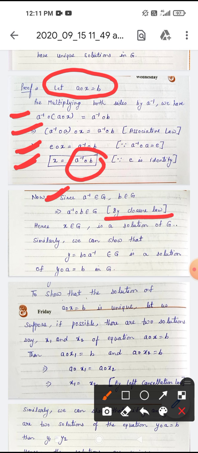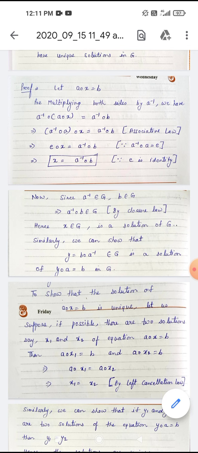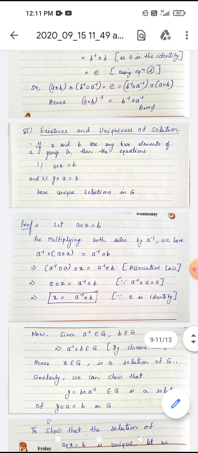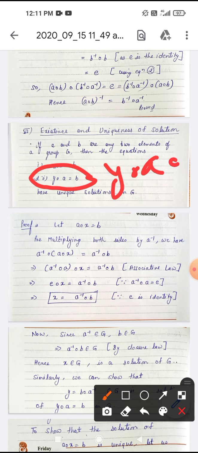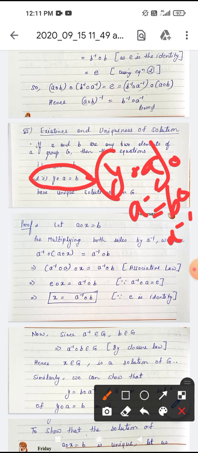Hence X belongs to G and is a solution in G. Similarly, for the next equation, Y operation A is equal to B. If we post multiply this by A inverse, we will get Y operation A in bracket operation A inverse is equal to B operation A inverse.